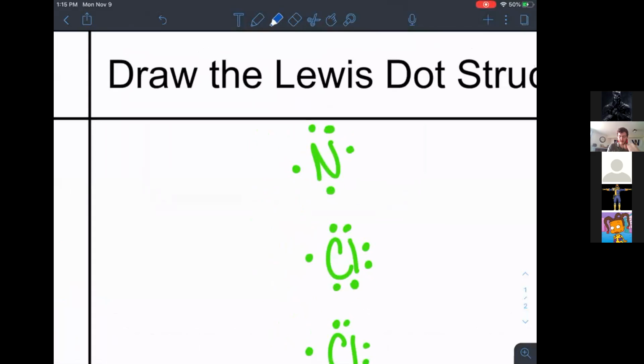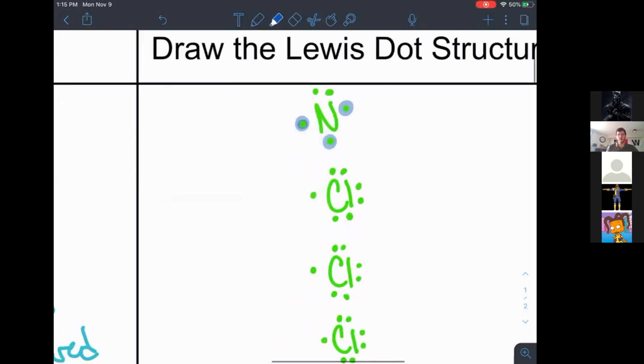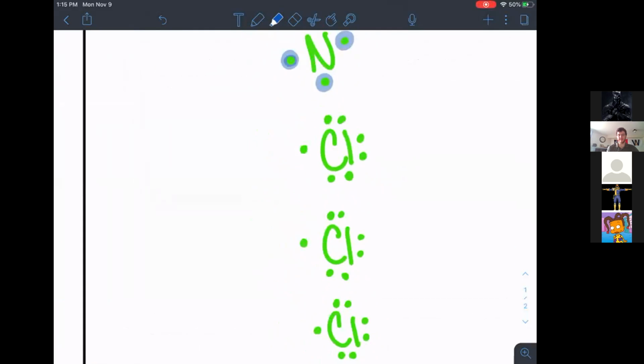Three bonds. It wants 3 because it has 3 unpaired electrons. In our chlorines, how many bonds does each chlorine want to create? 1 bond, because it has 1 unpaired electron.